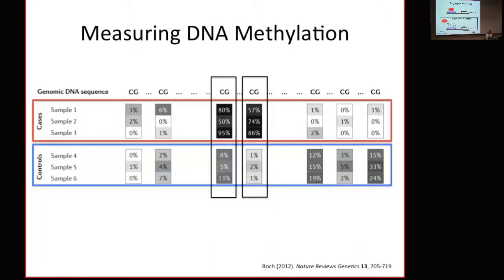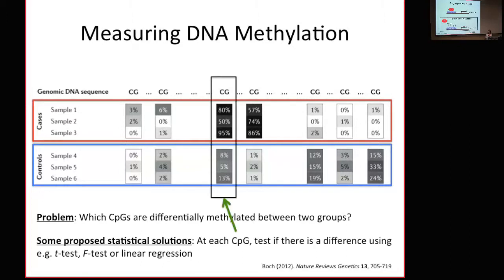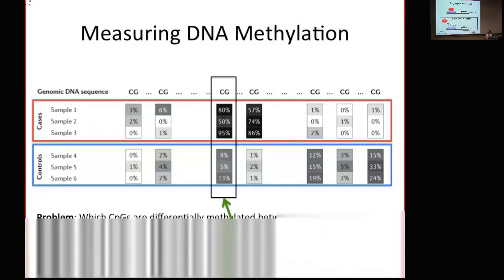The goal is to find these CpGs that are differentially methylated between the phenotype that you're interested in. So the problem is, how do we find these CpGs that are differentially methylated? You could throw out many approaches, but some solutions that people have proposed are to consider just one CpG site and do what's called a statistical test or a hypothesis test that tests if there's a difference in the methylation status.